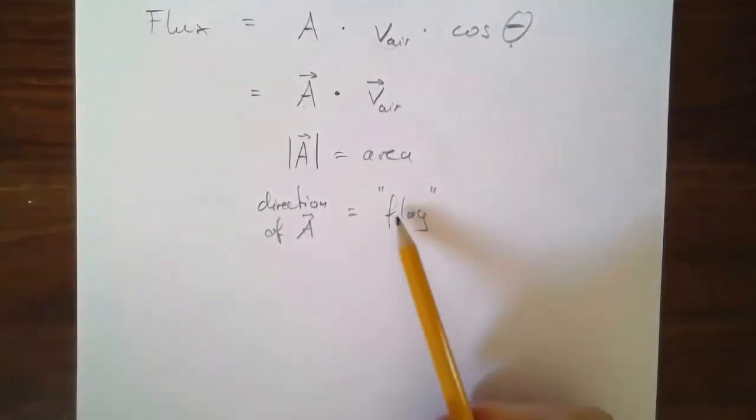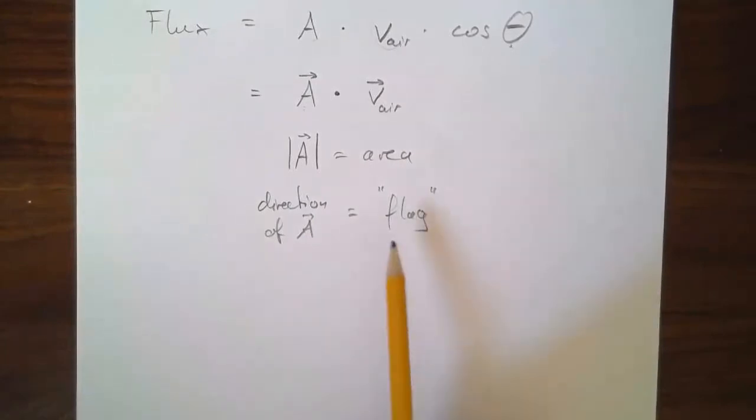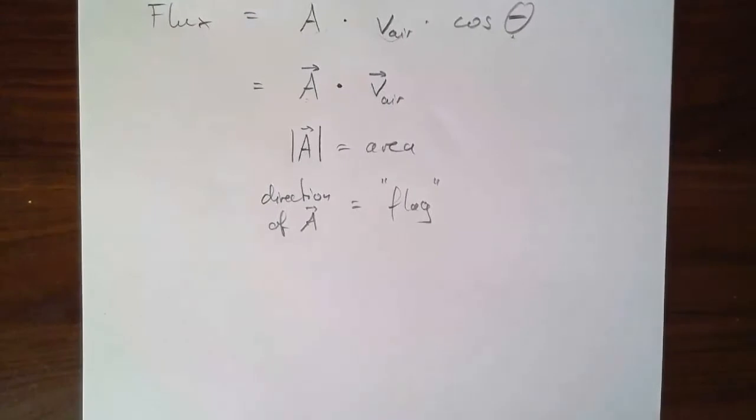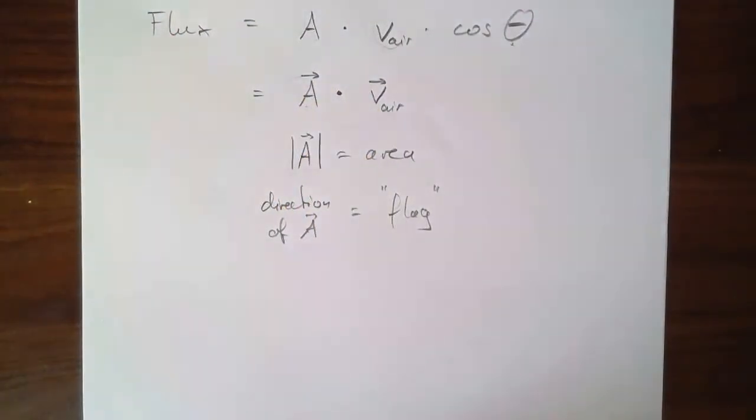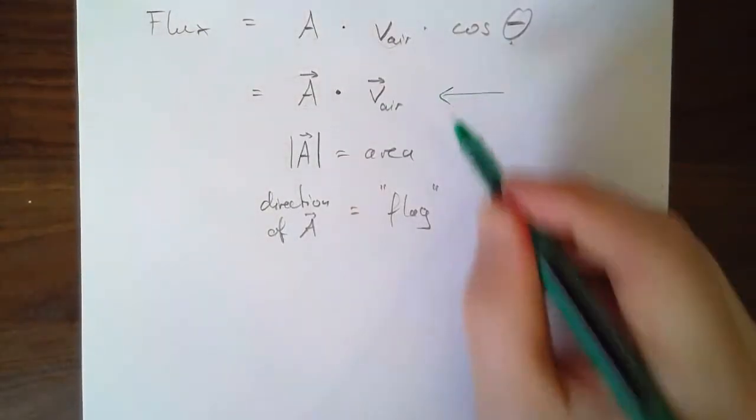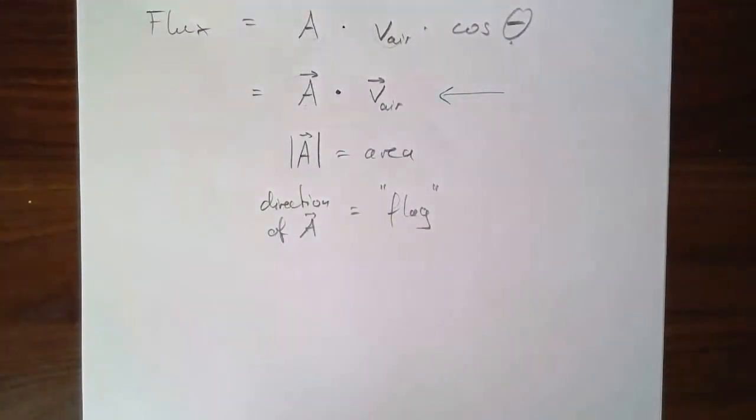As I said, this is not a formal definition. There's no real flag, of course, but you know what I mean, and that is the point of this video. Okay, so this is going to be our expression for the flux. Make sure you understand that before moving on.